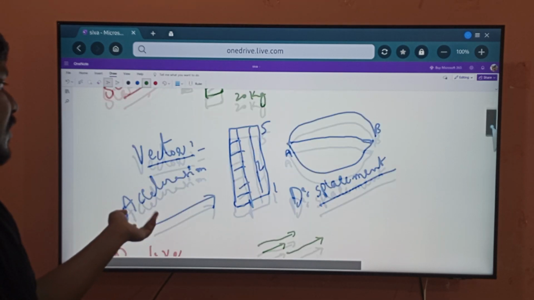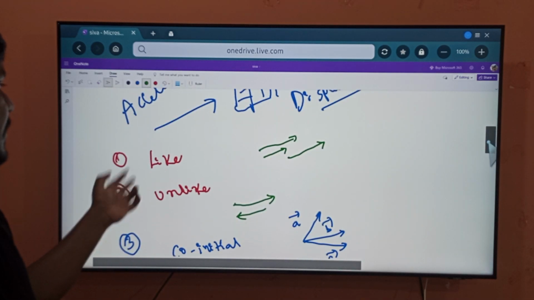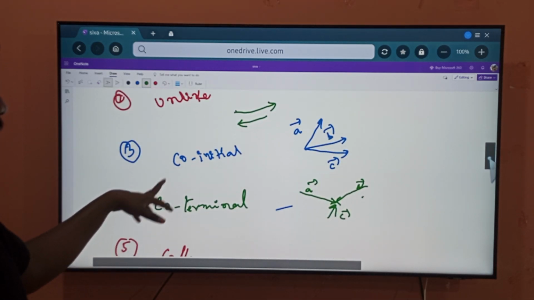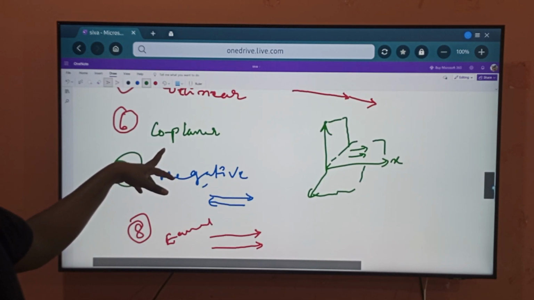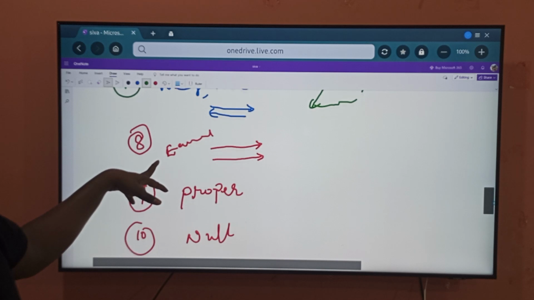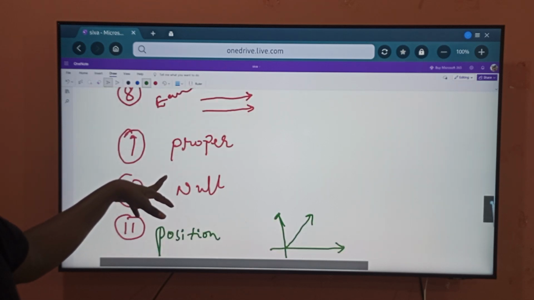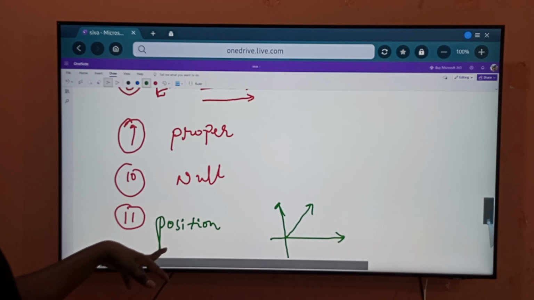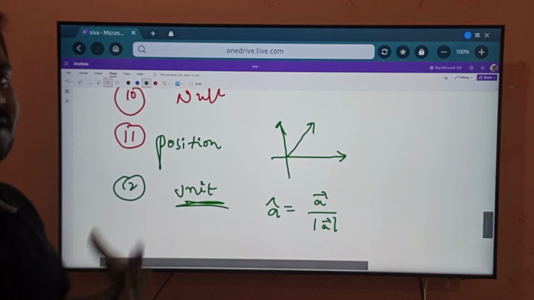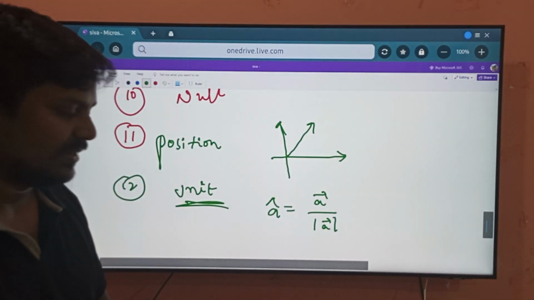Vector types are like vector, unlike vector, co-initial vector, co-terminal vector, collinear vector, coplanar vector, negative vector, equal vector, proper vector, null vector, position vector, and unit vector. These are the types of vectors.